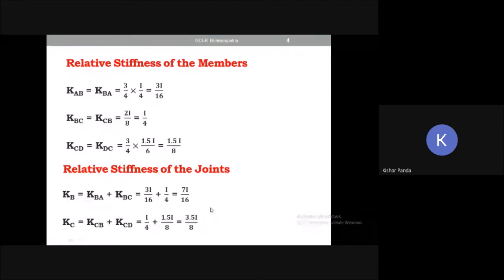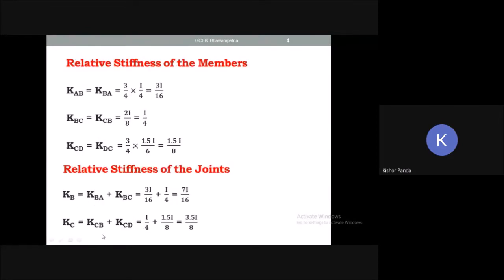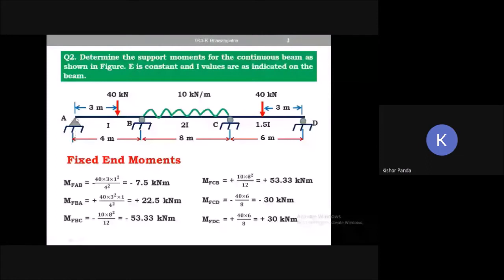Then after knowing the relative stiffness of the members and the relative stiffness of the joint, you can find out the distribution factor. So you know, due to simply supported end, RAB is equal to 1 and RDC is equal to 1. Here you take distribution factor 1 and here also you take 1. RAB 1 and RDC 1.